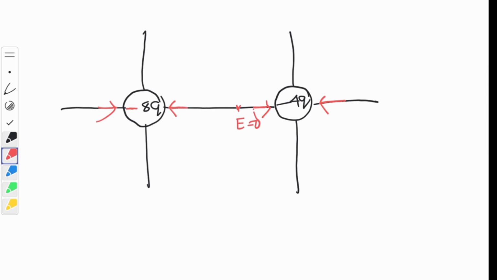Now come to this point. Your electric field is now towards left. Towards left, near to the charge, it will be maximum, and as you keep on increasing the distance, the electric field will decrease. That means at this point we will draw the electric field in the negative y-axis, since it is towards left.